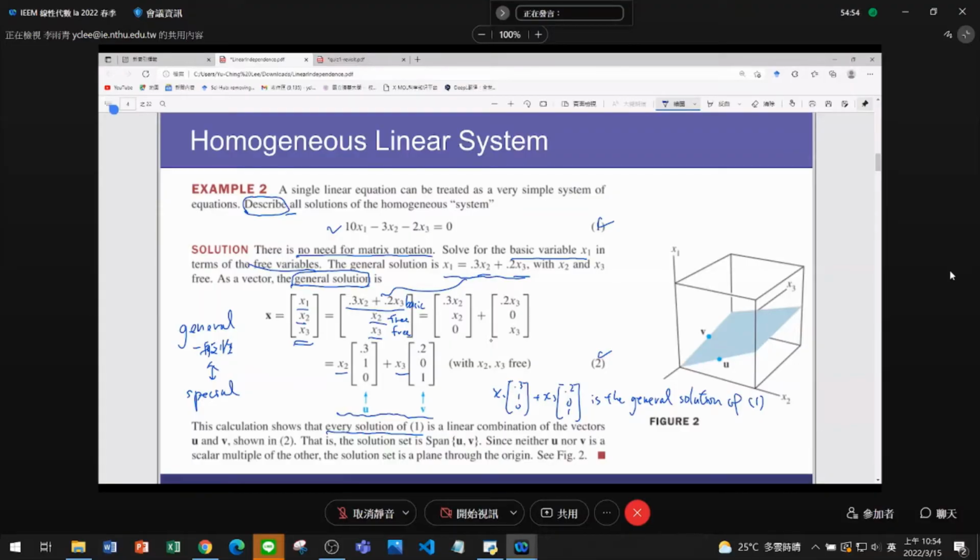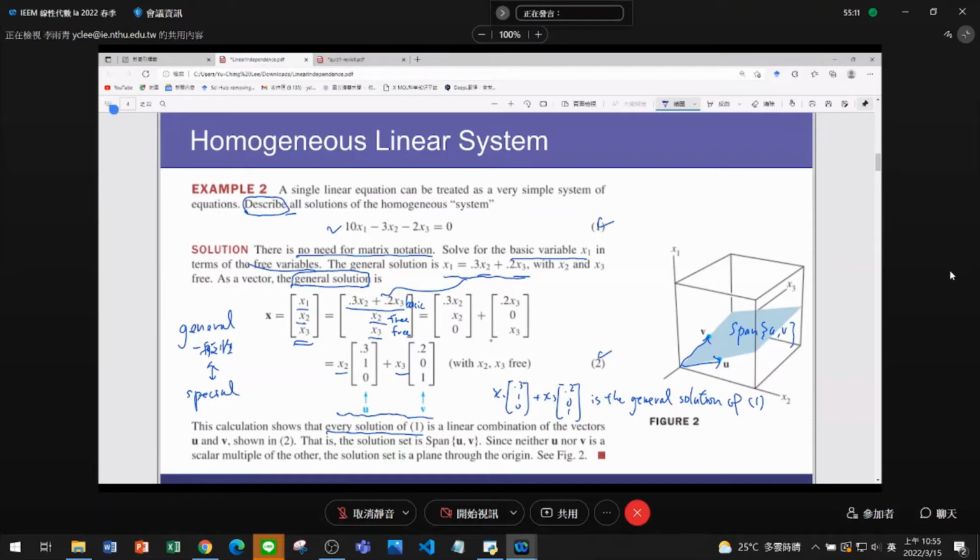And geometrically, we can also describe it. We can plot u and v in the graph, and then the span of u and v, where span is exactly the meaning of linear combination.